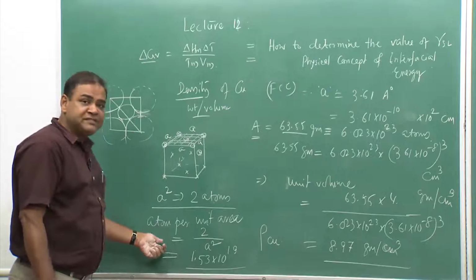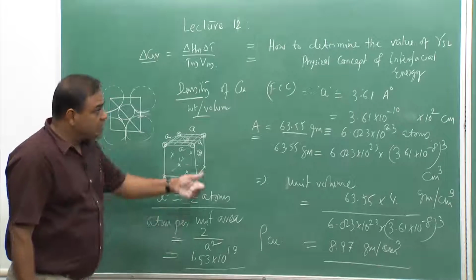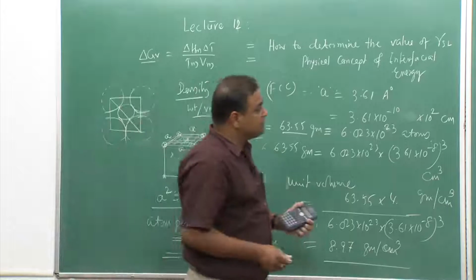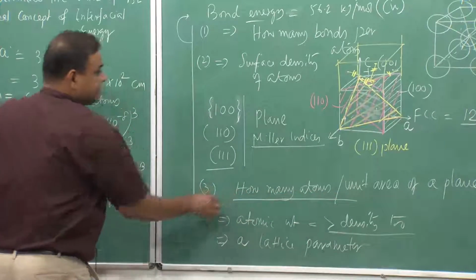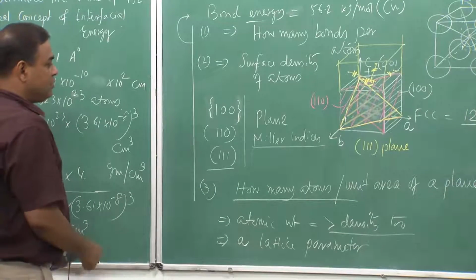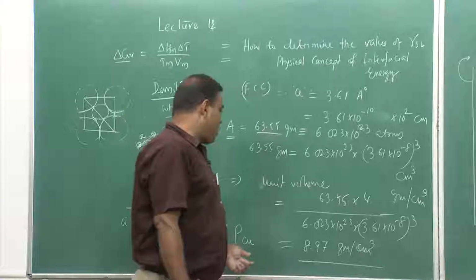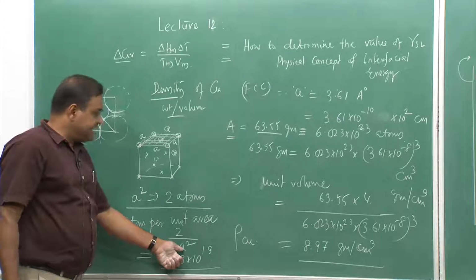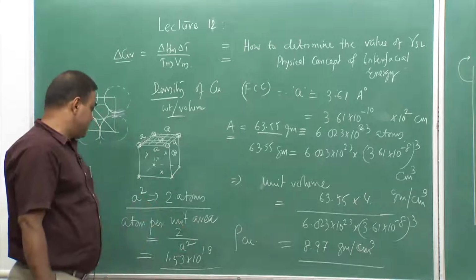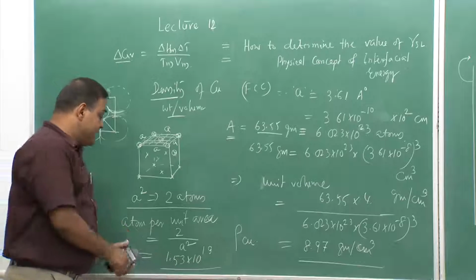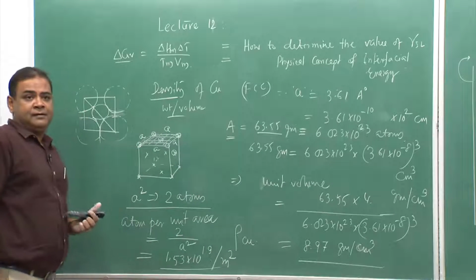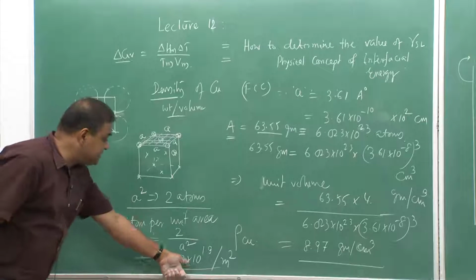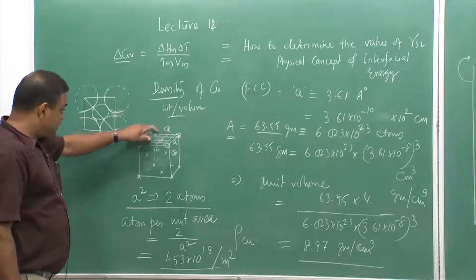Now from this it is pretty clear why we said that this information would be required. So, one piece of information is how many atoms per unit area of a plane. We have found that value for copper. If we replace this a by 3.61 angstrom, you will get that this is the number per meter square, so per unit area these many atoms will be there over this plane.